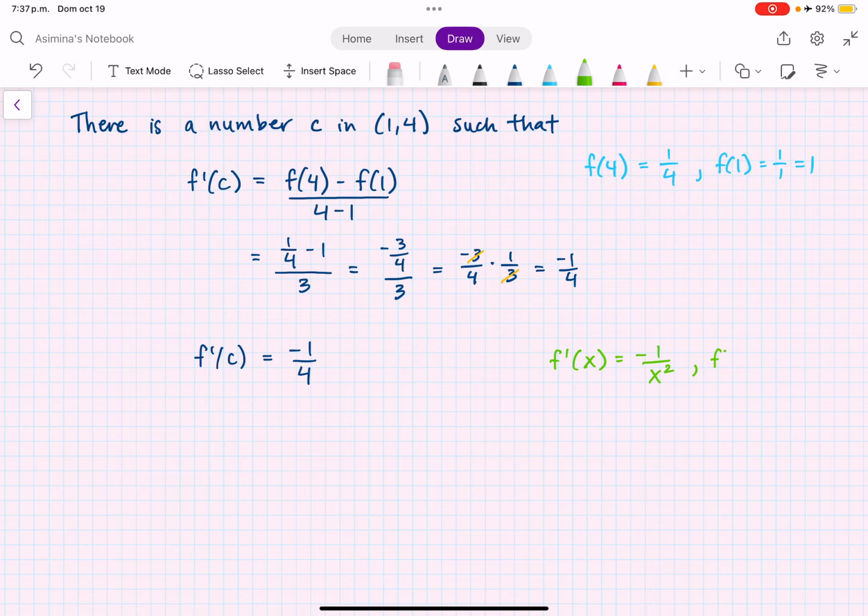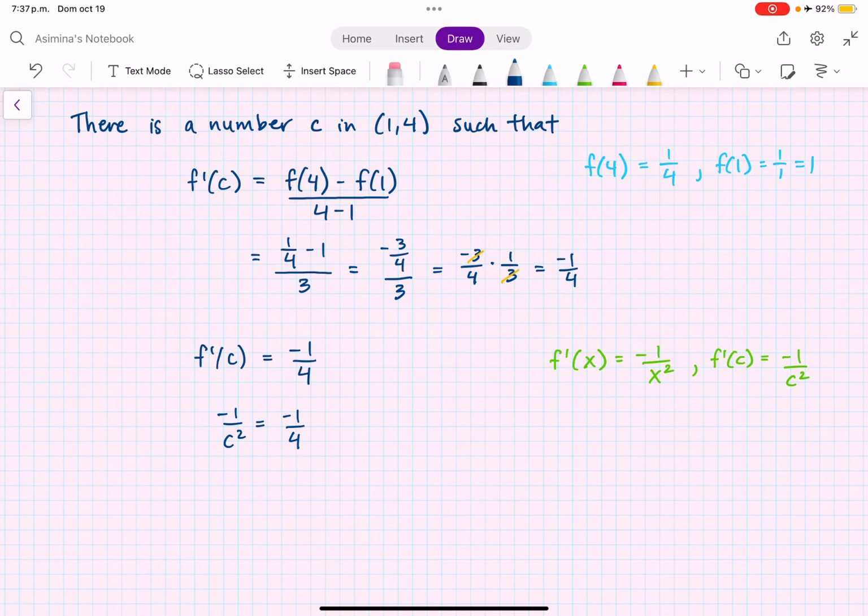So in particular, f prime of c, for any c that's in the interval 1, 4, equals minus 1 over c squared. So now I'm going to plug that into the left-hand side of the equation, f prime of c equals minus 1/4. So that tells me that minus 1 over c squared equals minus 1 over 4.